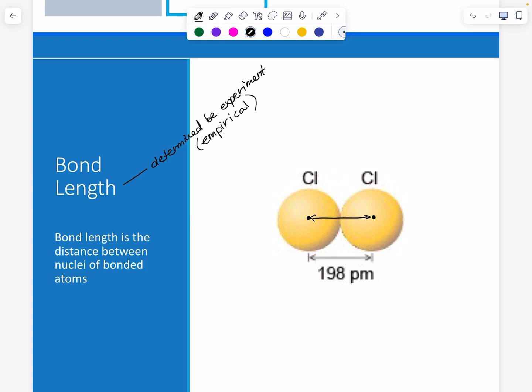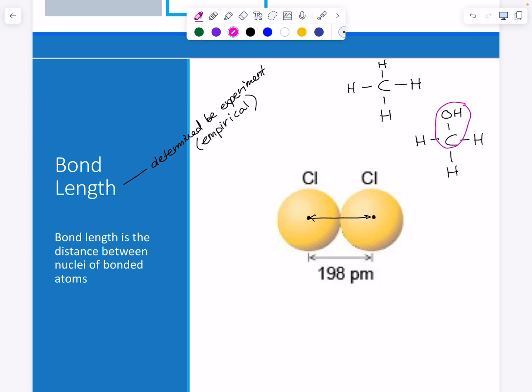These are experimentally determined, and it depends on the molecule. Let's say I have a carbon-hydrogen bond in methane, and then I have a carbon-hydrogen bond in methanol. These differ only by that one position.